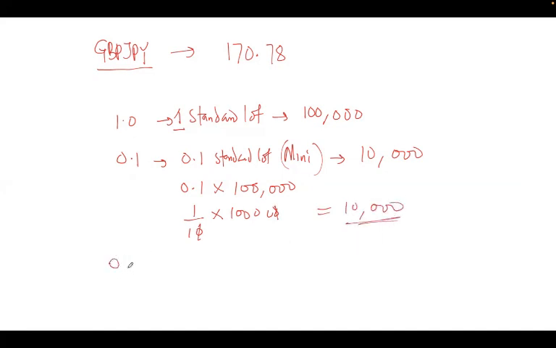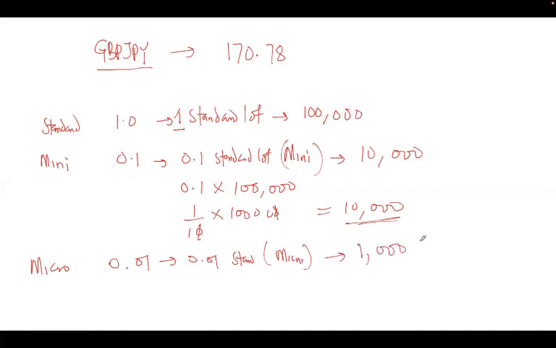If you choose 0.01, which is micro lots, the system understands that you're going with 0.01 standard lots, so the amount of units I can purchase is 1,000 units.